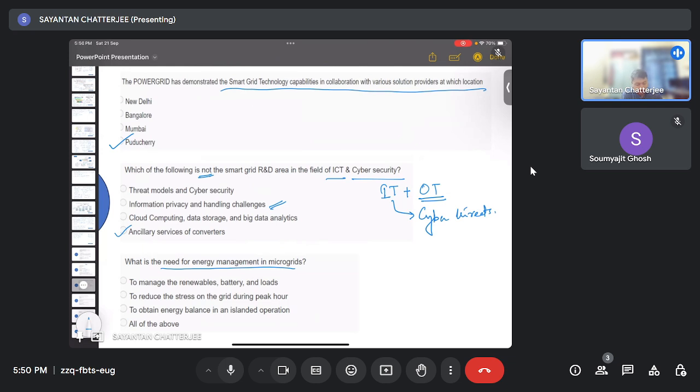So here it is, all of the above, because to manage the renewables, batteries and loads, reduce stress during peak hour, to obtain the energy balance, all of the above.